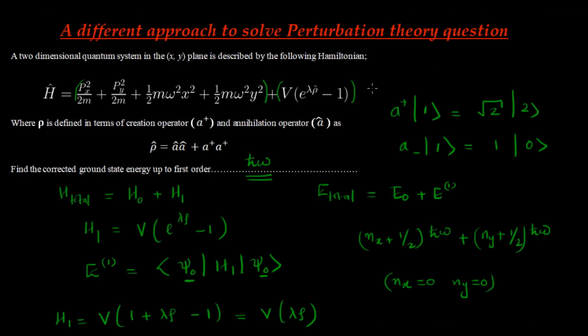In general, a plus acting on the nth state gives square root of n plus 1 times the state n plus 1, and a minus acting on n gives square root of n times the state n minus 1. These are the general formulas that you have to memorize for the annihilation and creation operators in the harmonic oscillator.